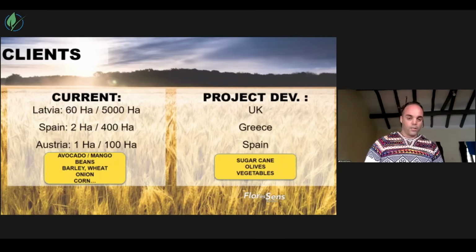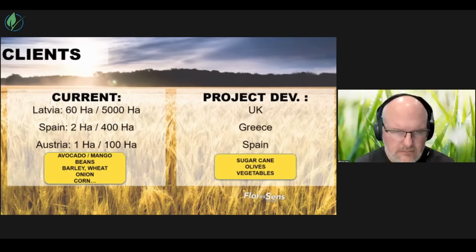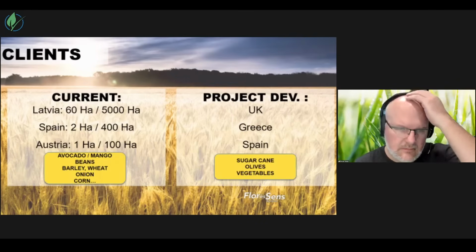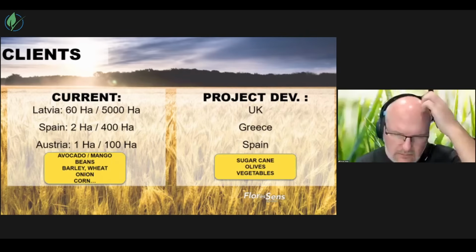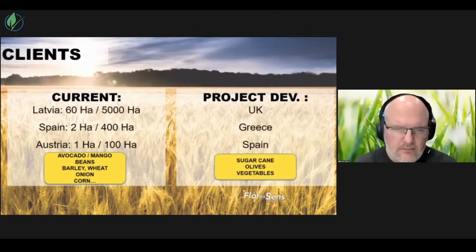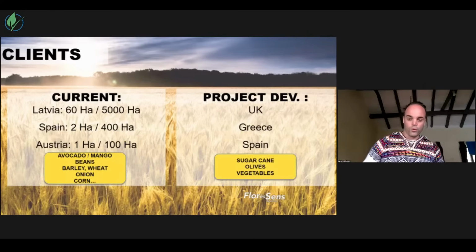Then we started to work on an avocado production plant in Spain, and in Austria, on cereal growing, corn growing, and then market garden, smaller scale. So that's what it is in terms of new projects.